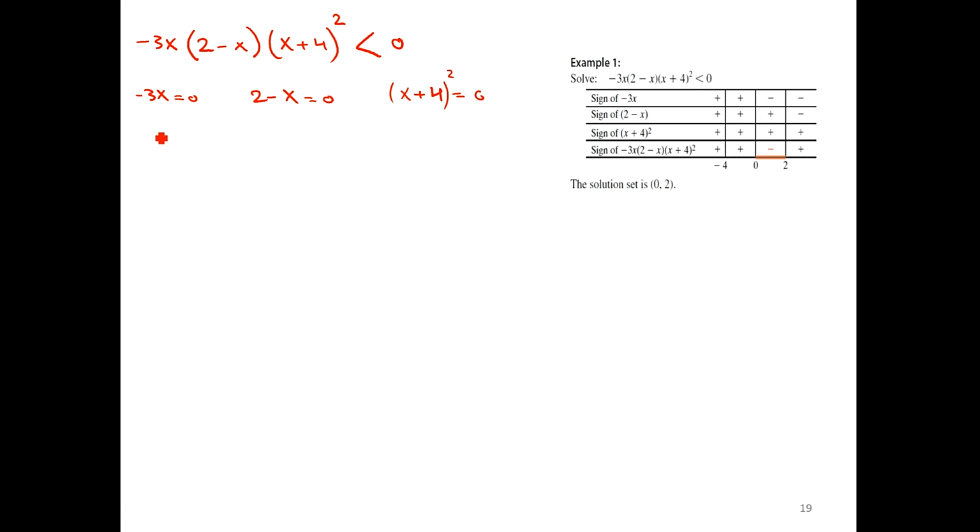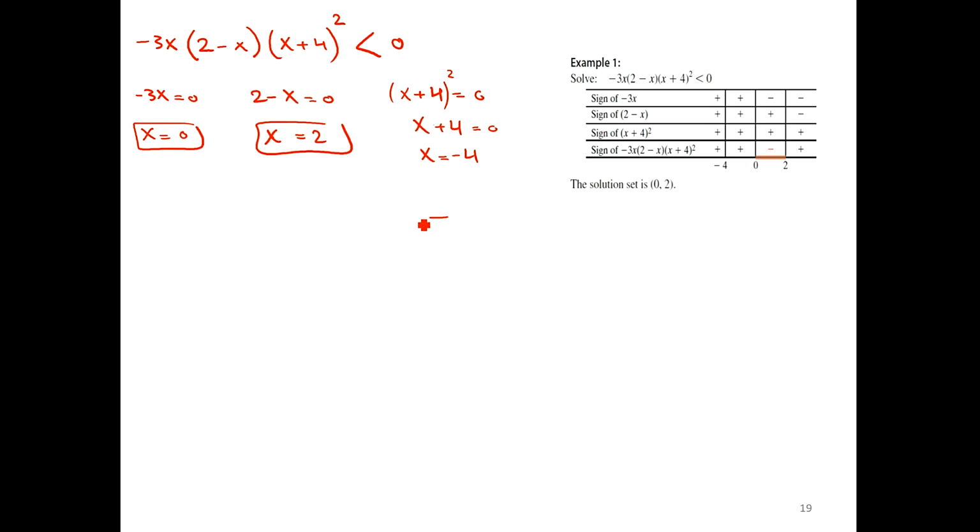By dividing by negative 3, we have x equals 0. This is the first solution. The second, we have x equals 2. And the third, x plus 4 equals 0, so we have x equals negative 4.